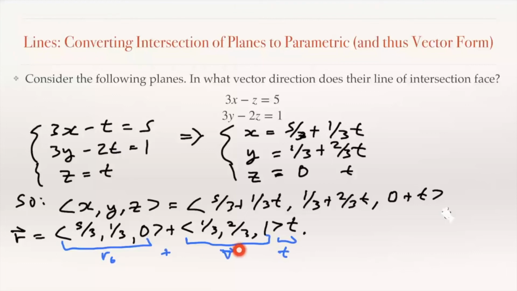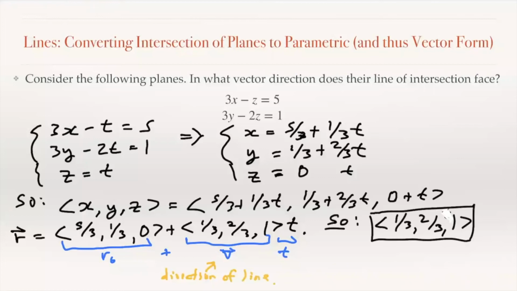and the d is the direction of the line. So therefore our answer is 1/3, 2/3, 1 is the direction of the line of intersection.